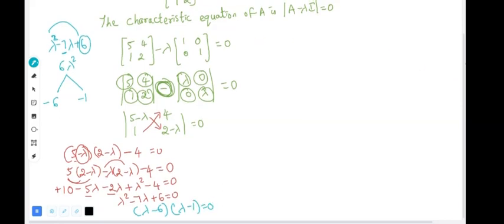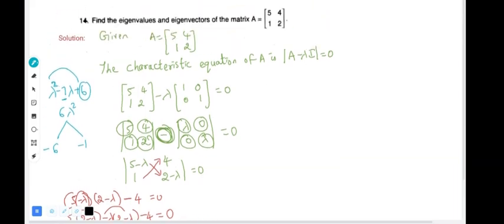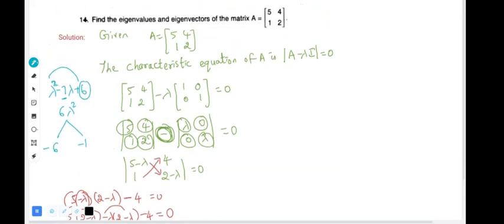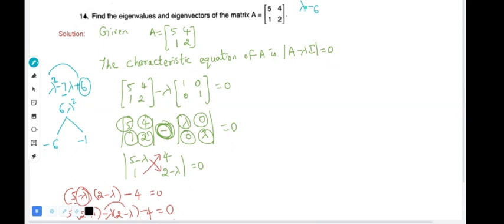So now we got lambda minus 6 and lambda minus 1 equals 0. Here we'll separate them: lambda minus 6 is 0, lambda minus 1 is 0. So here lambda will be 6, if the negative sign goes to the other side it becomes positive, and lambda minus 1 goes to the other side and becomes plus 1.